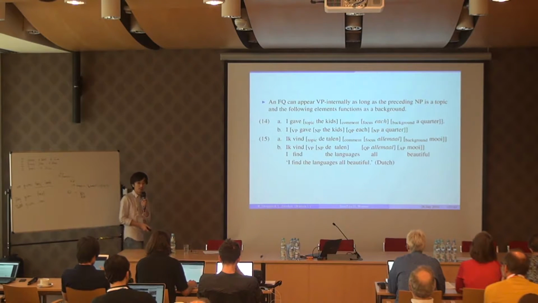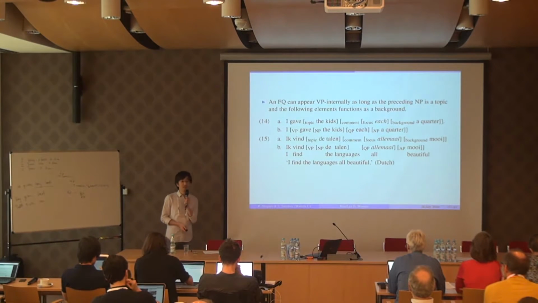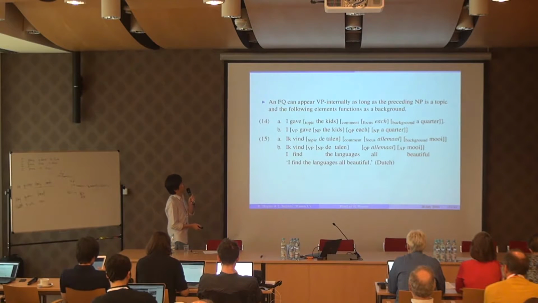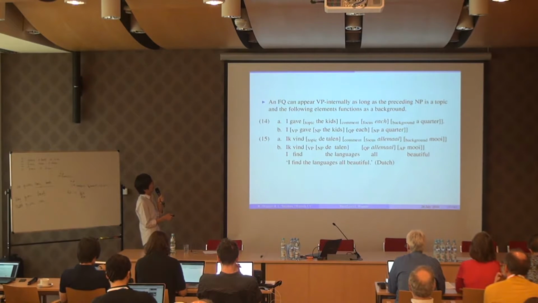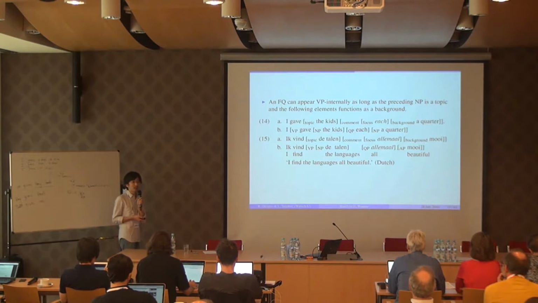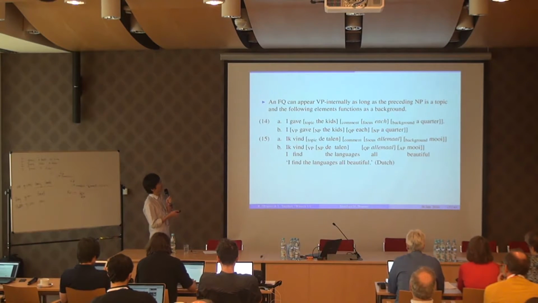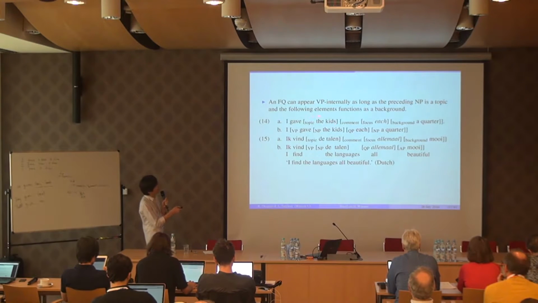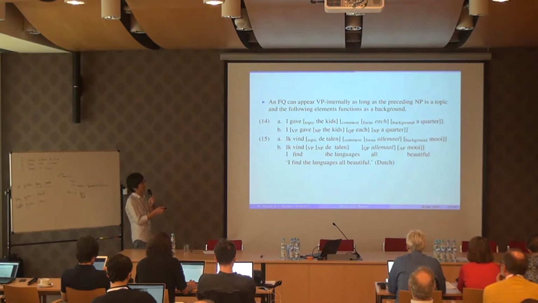But we need another pattern. We have another pattern, which is VP-internal quantifiers. So what's going on there? We assume that within the VP, we can have a similar kind of topic-comment structure. So schematically, we can represent the sentence like I gave the kids each a quarter as in 14a. So we have the VP, gave the kids each a quarter. Within the VP, the first, primary object is a topic.